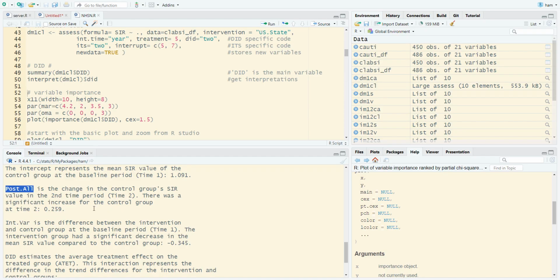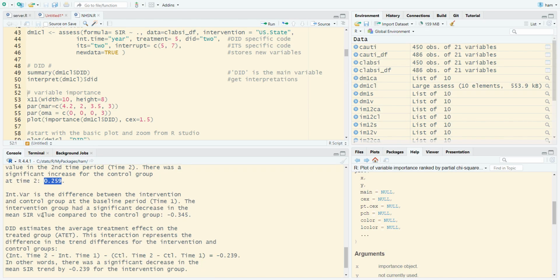There was a significant increase for the control group at time 2, and that coefficient is 0.259. Below that is our int.var, or the intervention variable, and it's the difference between the intervention and control group at the baseline period, which is time 1. The intervention group had a significant decrease in the mean SIR value compared to the control group, and that's negative 0.345.